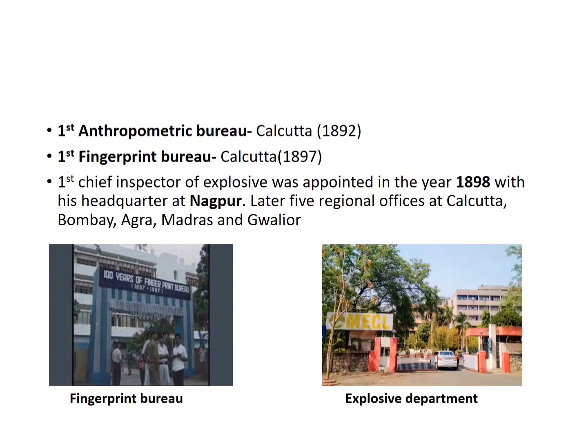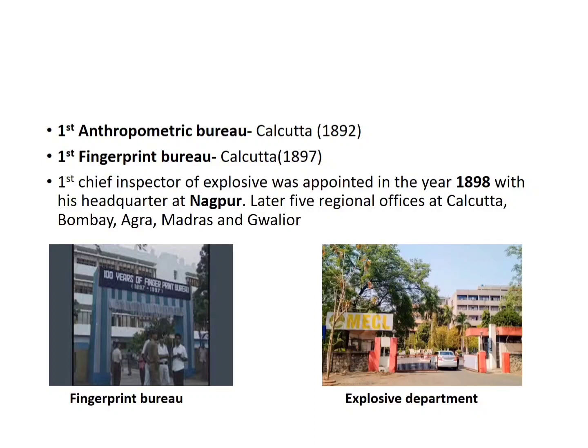And at the time of establishment of the first anthropometric bureau, many scientists were working on the development of fingerprints for identification purposes. At the same time, Sir Edward Richard Henry, who was the Inspector General of Police in Bengal, selected two police officers to work under his supervision to develop a classification system for fingerprints which had a mathematical calculation.